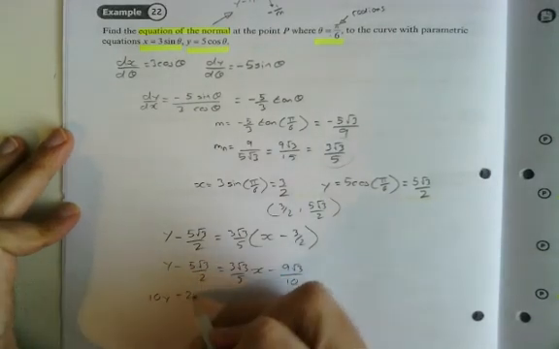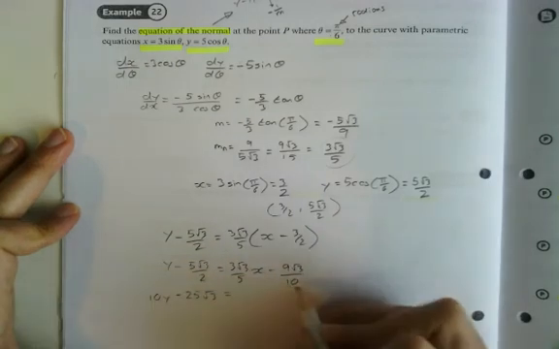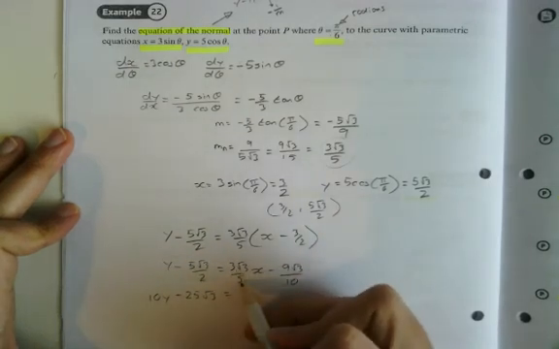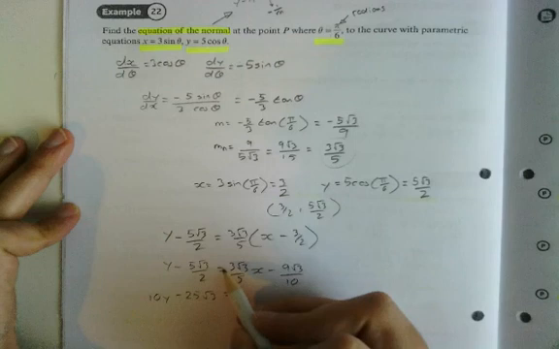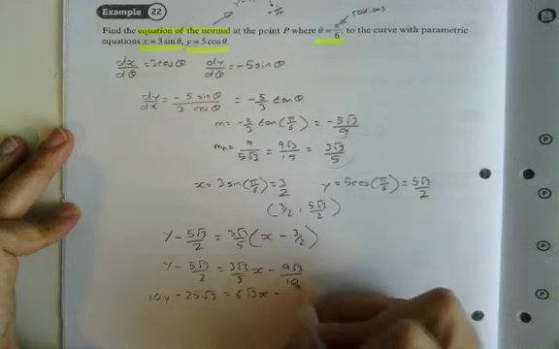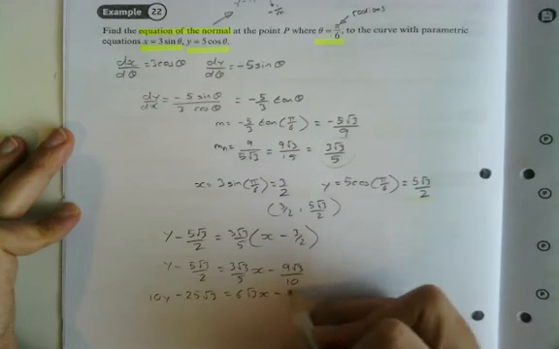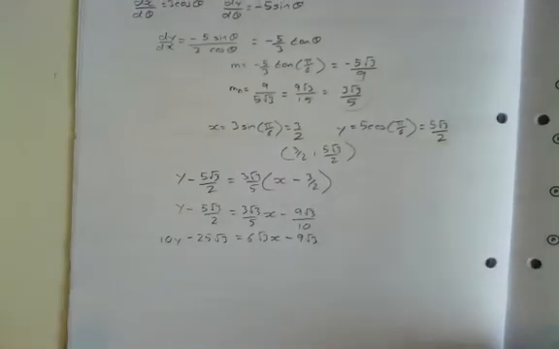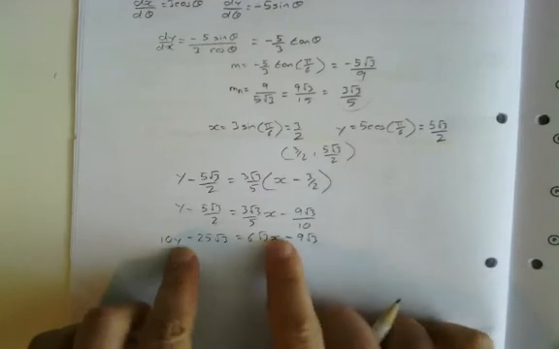So that's going to give me 10y minus, I times this by 10, it's going to be 50 there divided by 2, which is 25 root 3, equals 30 root 3 divided by 5, which will give me 6 root 3x, minus, and times this by 10, we'll just cancel the 10, so 9 root 3.